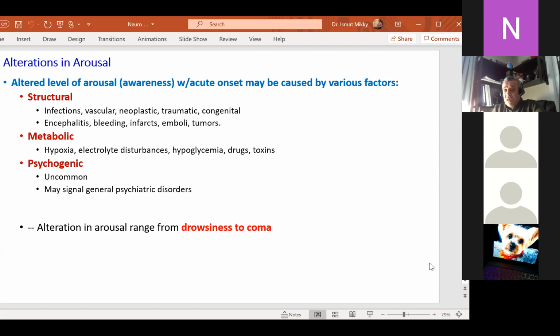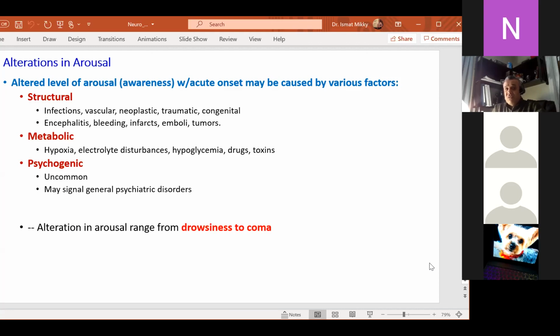Structural examples: infections like encephalitis, patients with CVA, stroke or hemorrhagic stroke, embolic stroke, brain tumor, or metastatic tumor from another organ to the brain, ischemic changes like ischemic attacks to the brain.